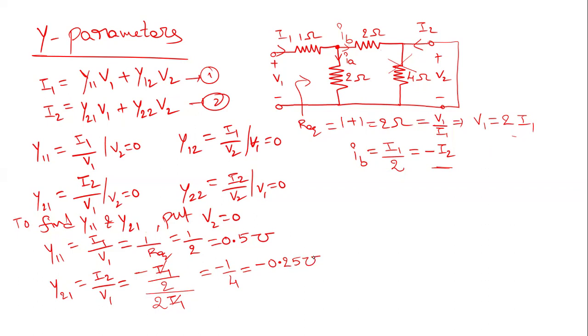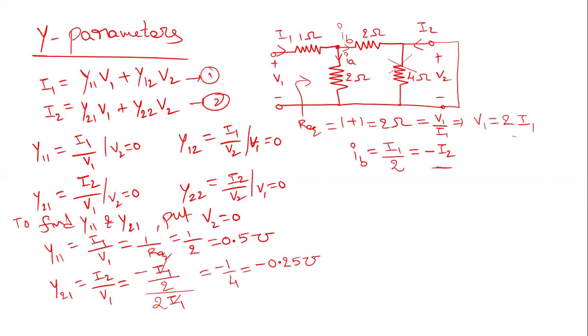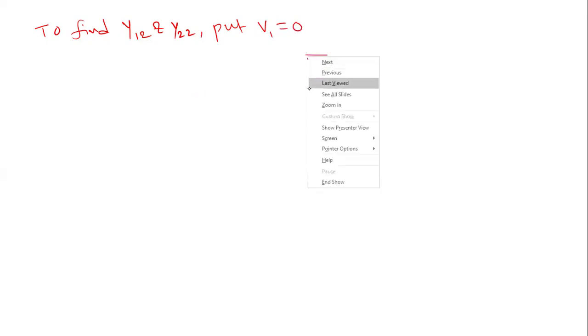To find the other parameters, Y12 and Y22, we need to put V1 as 0. If you redraw this circuit, V1 becomes 0, so this becomes short circuited.